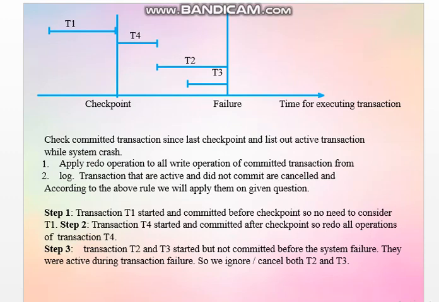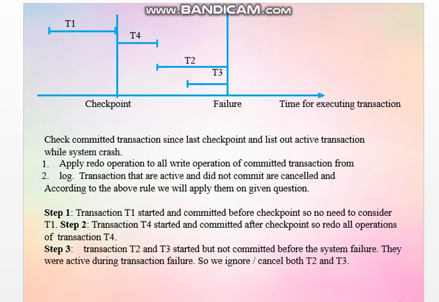But if the transaction is active and not committed, we can cancel it because it does not have any effect on the database, because the write operations for the deferred update method are suspended until the commit operation.